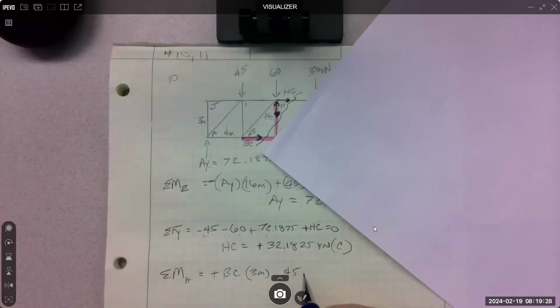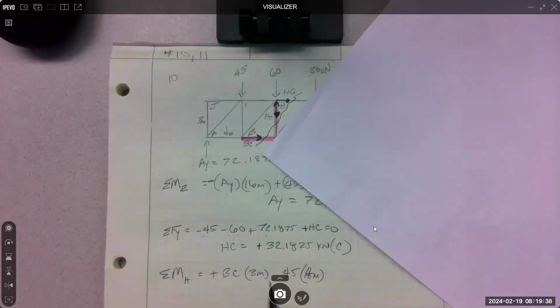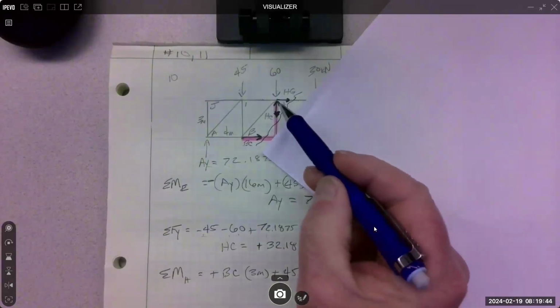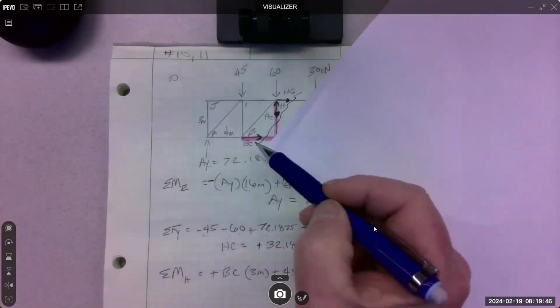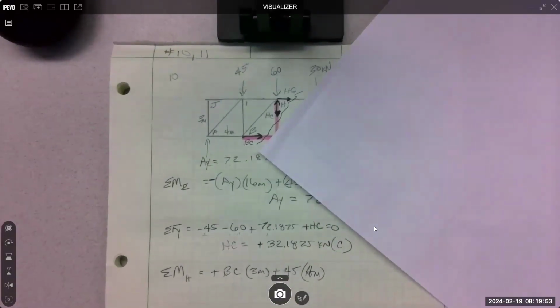45 times 4 meters, and its rotation would be positive. So doing the moment here, got that one, got this one, I need this one. Sorry, didn't you get HC almost?